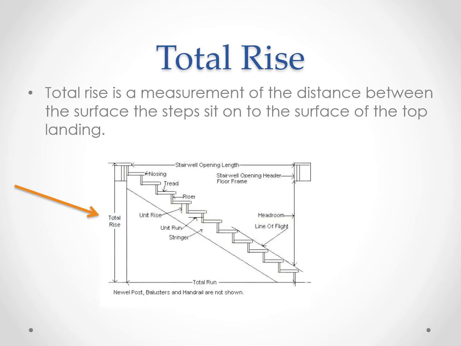Let's take a look at total rise. Total rise is the measurement of the distance between the surface the steps sit on to the surface of the top of the landing. So basically what we're saying is the total height of the set of stairs is the total rise. It can be a little tricky in the field to measure sometimes if the grade is unlevel.